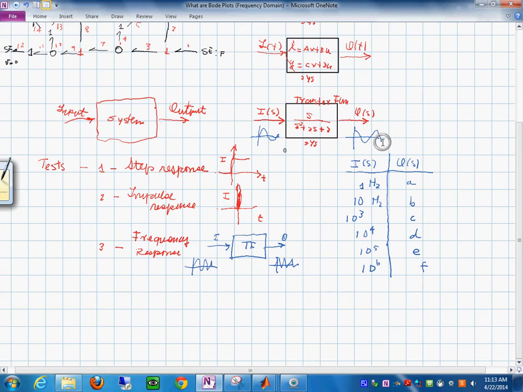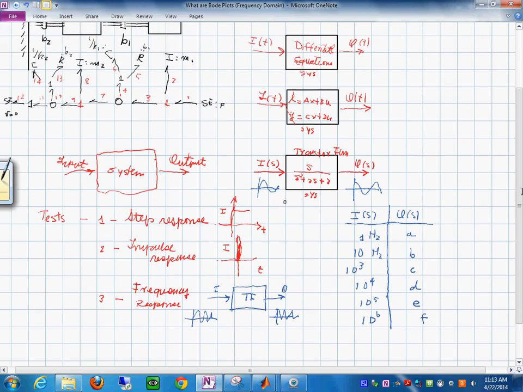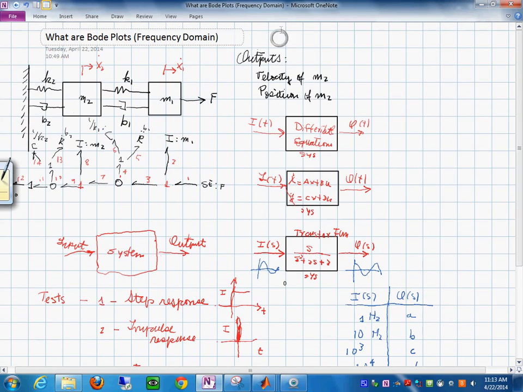Now you see, what I'm doing here is I am changing the input frequency and seeing how the output is going to respond. But also, what I told you here is that I could have an input in here and the output might be out of phase. So in this particular case, we need to find a transfer function for this output, the transfer function of the velocity of mass 2 is what we want.